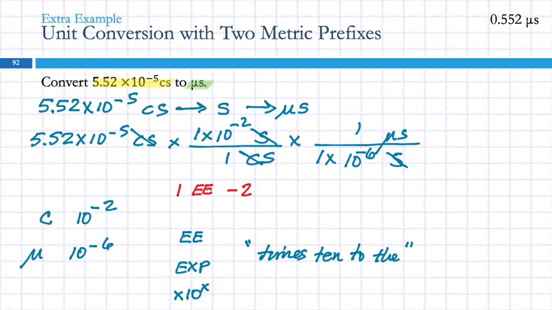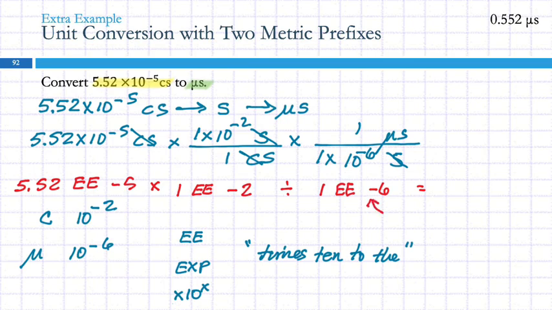So to do this calculation, I'm going to have 5.52 EE negative 5. And then I'm going to multiply. I'm multiplying by the top, I'm dividing by the bottom. I'm multiplying by 1 EE negative 2, and then I'm dividing by 1 EE negative 6. I'm pressing equals.